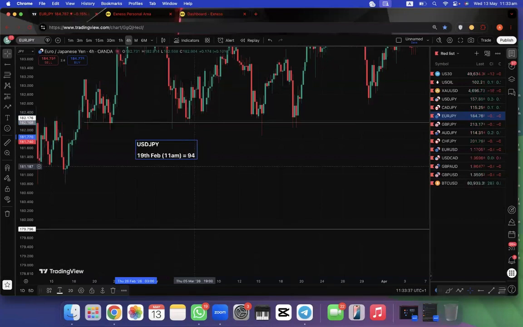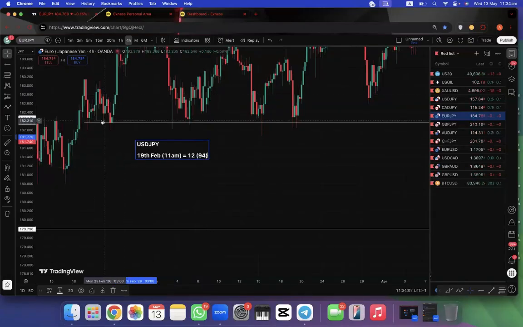No, no, no. I put 12 first, in front. So 12 is the maximum it moved against, then bracket 94. Okay, so this gives me an idea of my stop loss, and this gives me an idea of my TP.